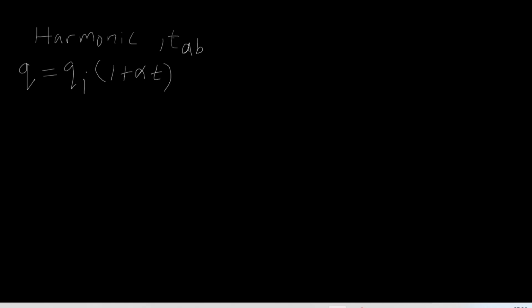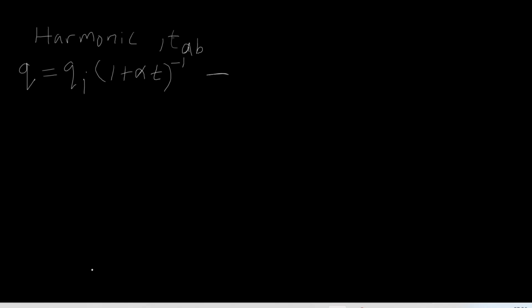Okay, so let's do it for harmonic. We are solving for the abandonment time of harmonic. Now the expression for harmonic is that q is equal to qi times 1 plus alpha t raised to power minus 1.